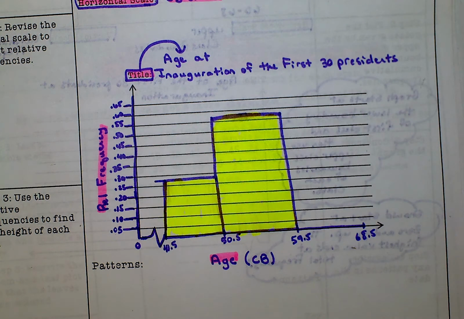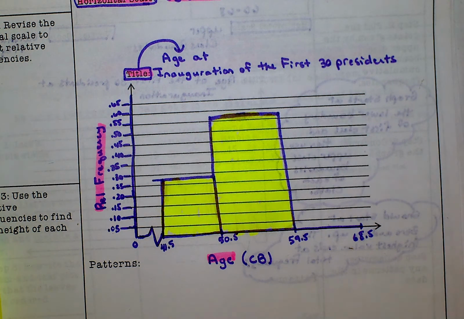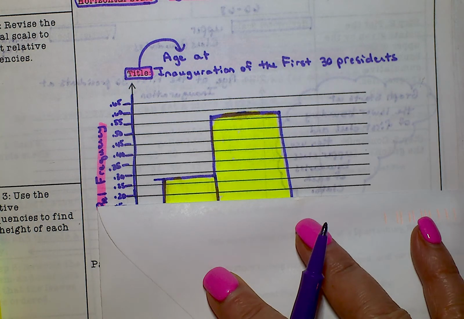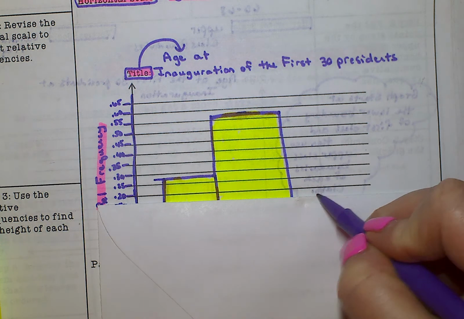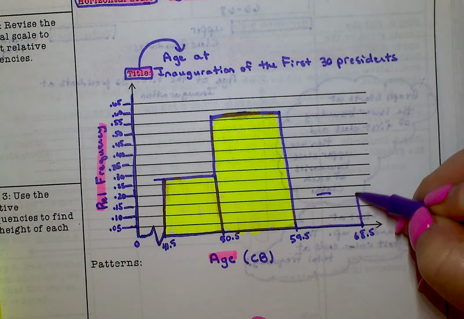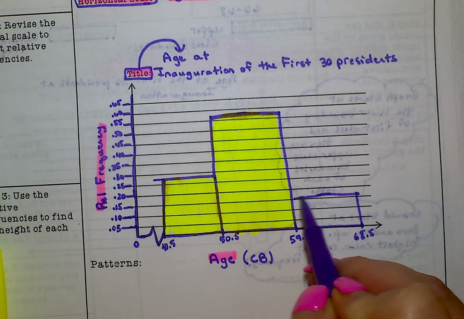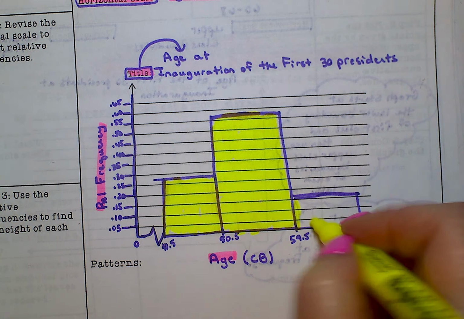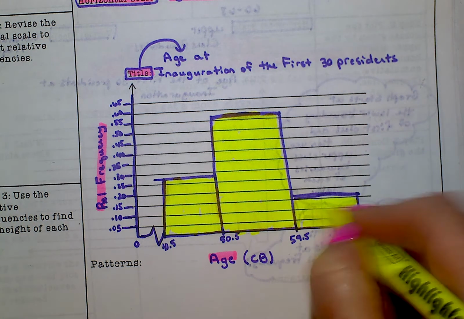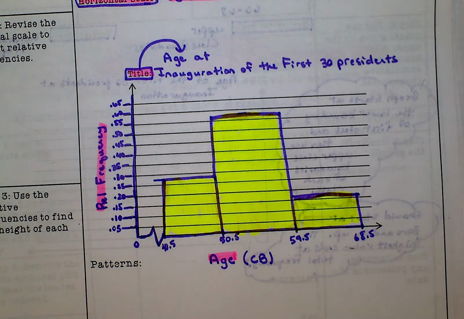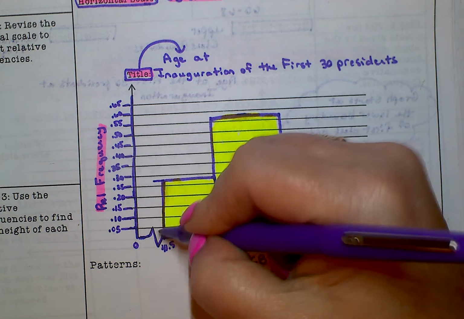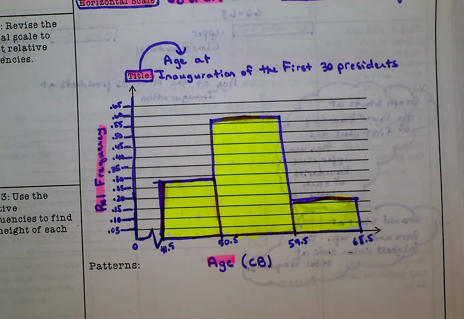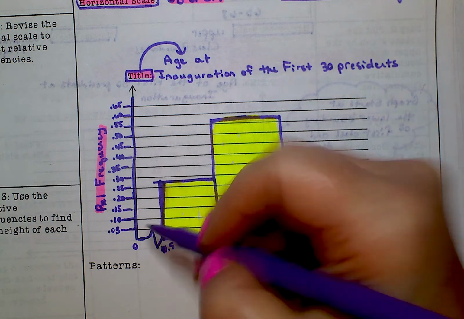And then your last bar is going to go to 0.17. Okay. I'll try to make that, since I don't have any white out, just kind of go together. But try not to go past that bar.